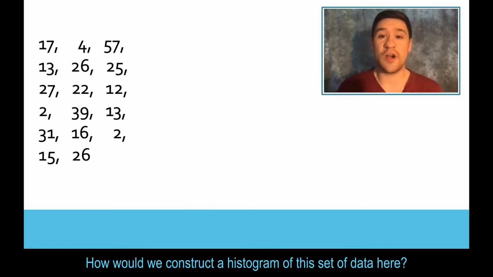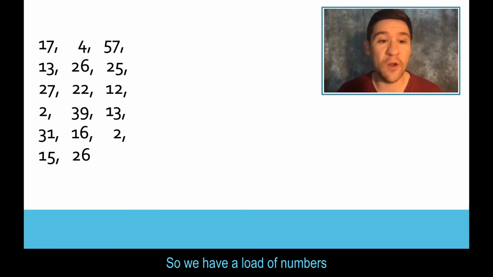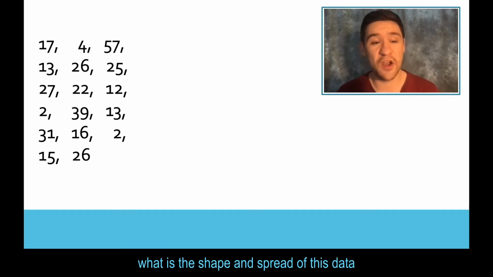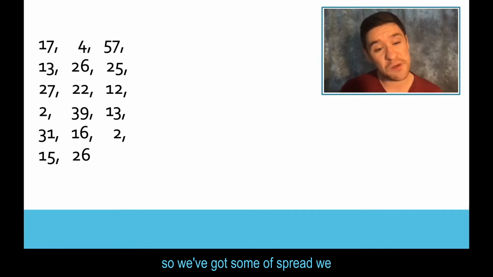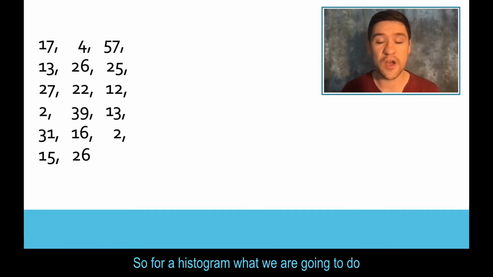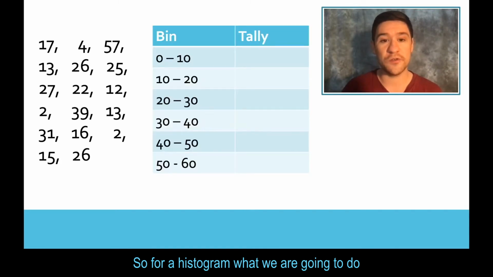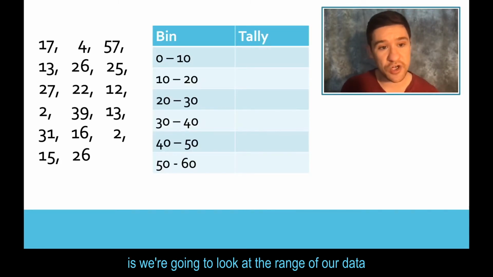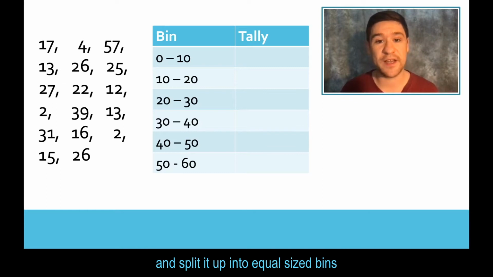How would we construct a histogram of this set of data here? So we have a load of numbers and we want to be able to see what is the shape and spread of this data. So we've got some measures of spread we could use, but we want to visualize that now instead. So for a histogram, we're going to look at the range of our data and split it up into equally sized bins.